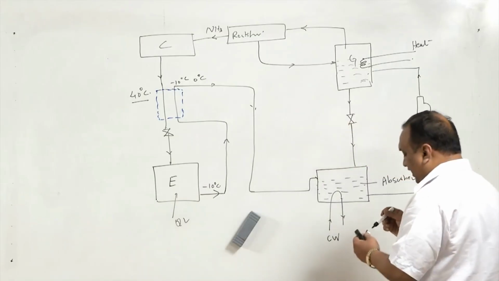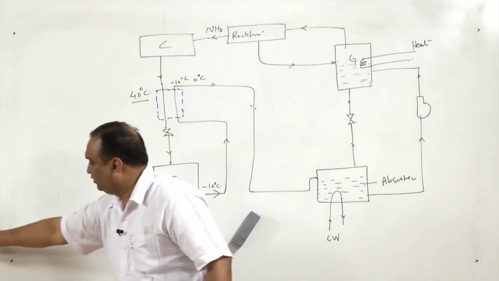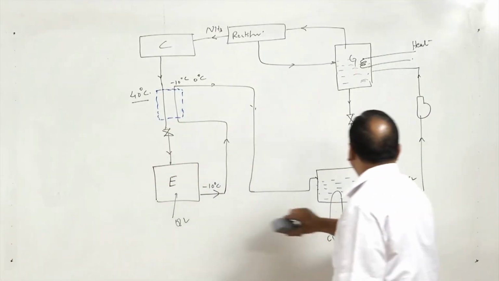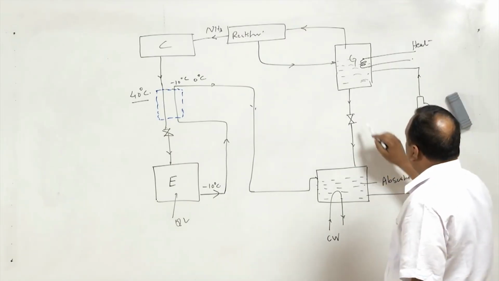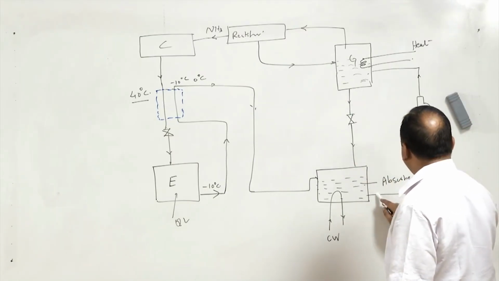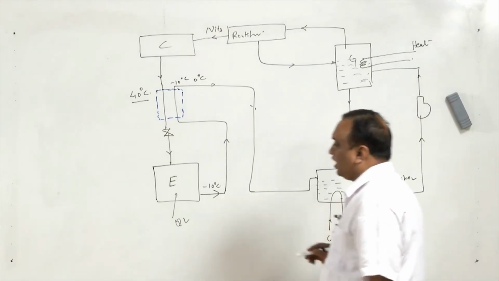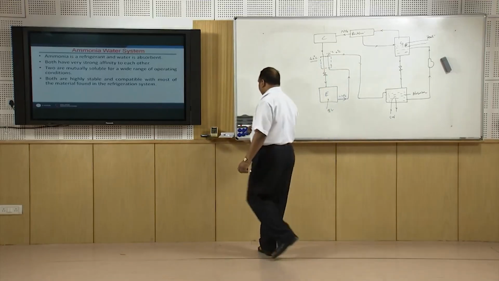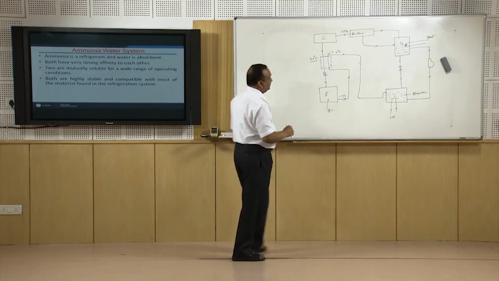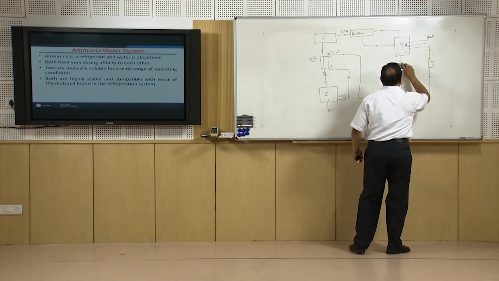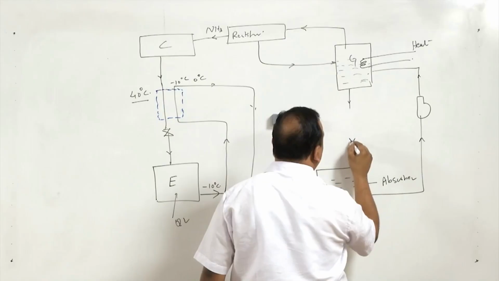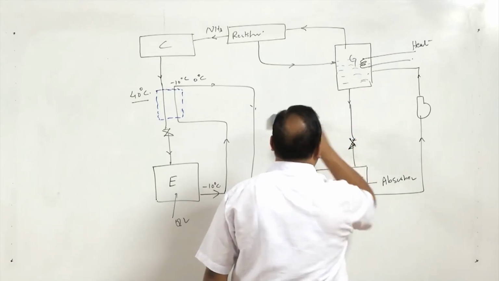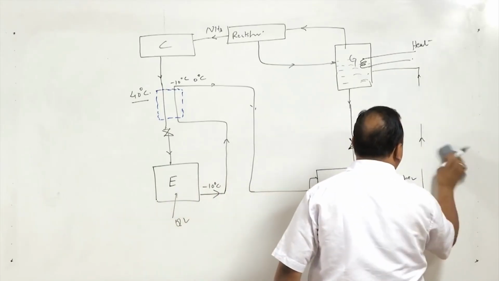Now, on this side of the system also there is scope for improvement, because the fluid which is going up and the fluid which is going down are at different temperatures. So, suppose I shift this expansion valve to here and the pump somewhere here.